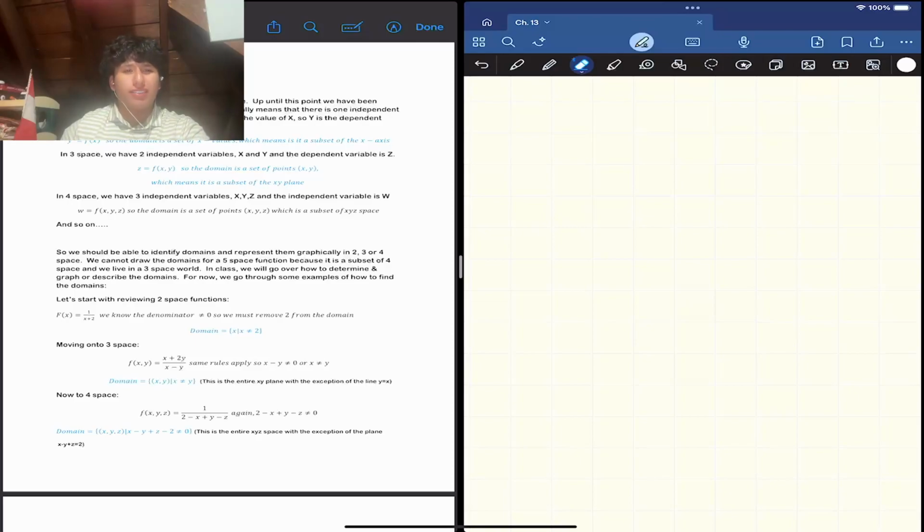But I'm guessing what it's trying to say is that you can kind of stretch that. So given a set of independent variables, the domain is going to be a subset of that specific space that is created by those variables, I guess. Okay, so let's advance. I guess that makes sense.